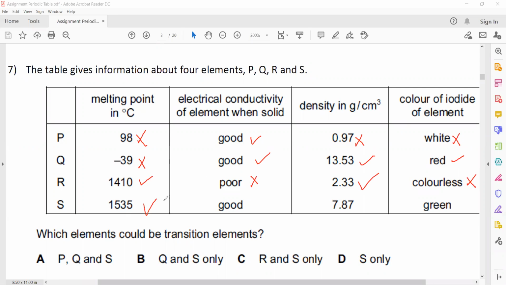High melting point, good, high density, forming a colored compound. Is it clear?